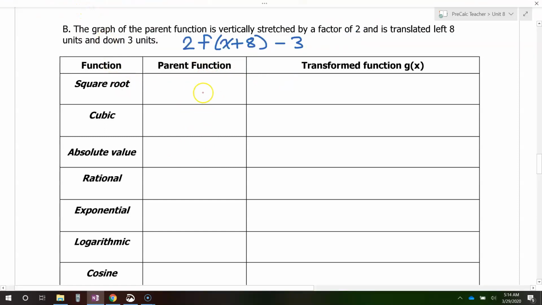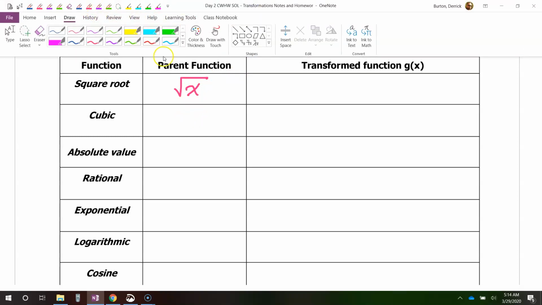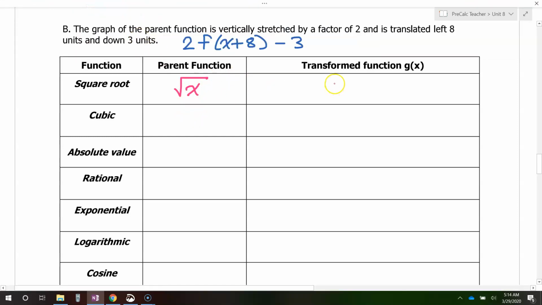Okay, so square root function, the parent function is like this, square root of x. I think I'll just do each one as we go. So there's my square root function. With the transformations on it, it'll look like this: 2, and then the square root of x plus 8, and then with a minus 3.